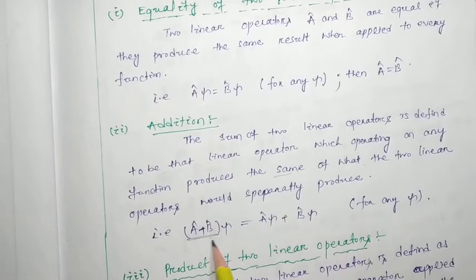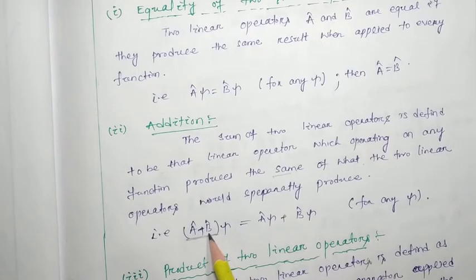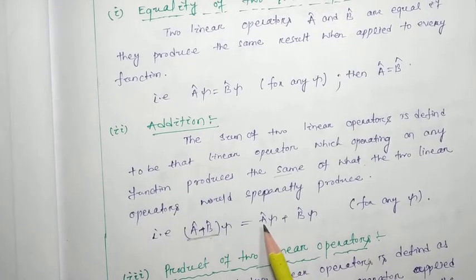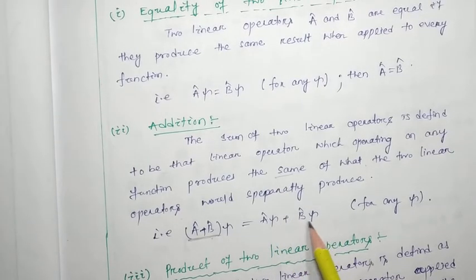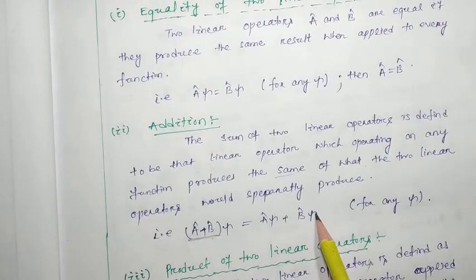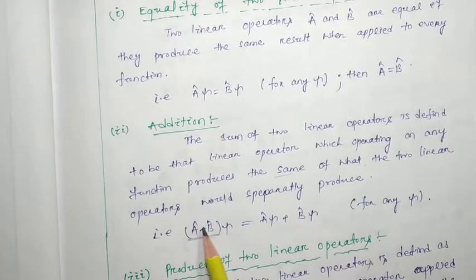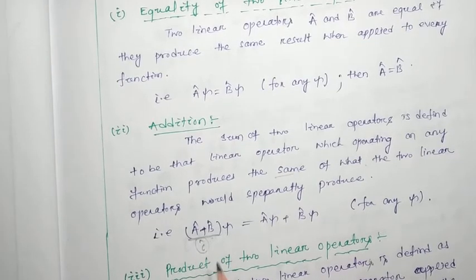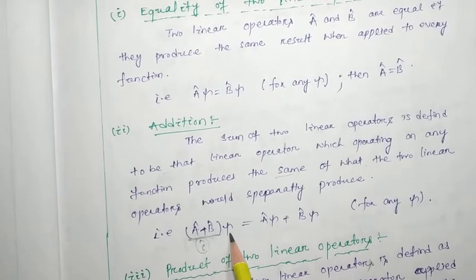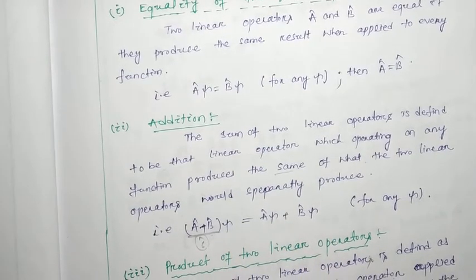When it operates on a function, we get the same result as when A operates on psi plus B operates on psi. If this is satisfied, then we can add A cap plus B cap, and suppose this is C cap, then C cap operated on psi is equal to A cap psi plus B cap psi.